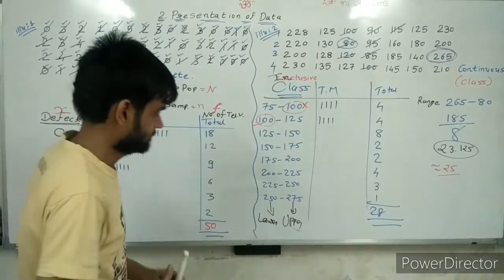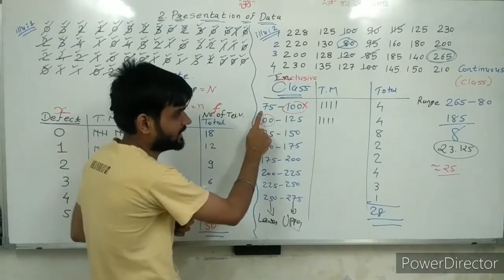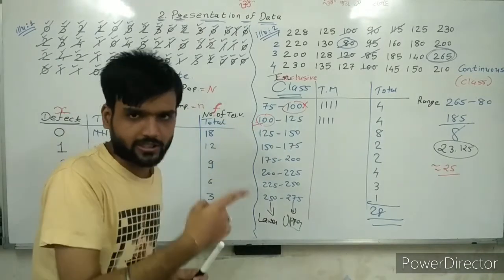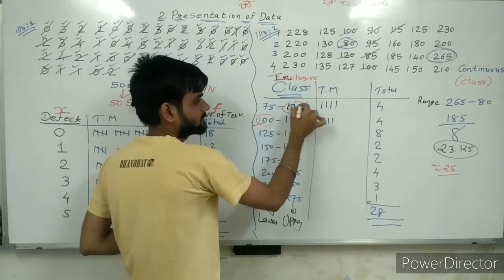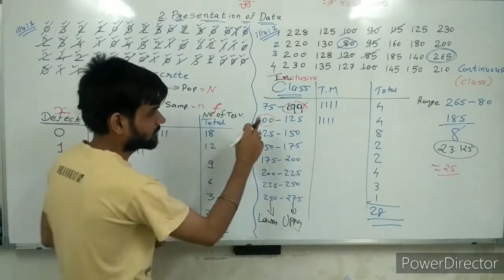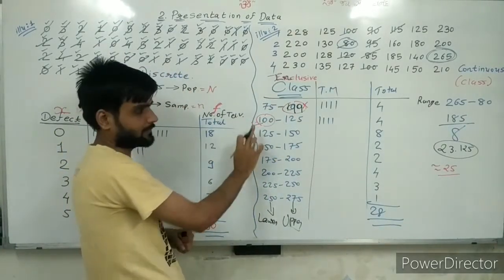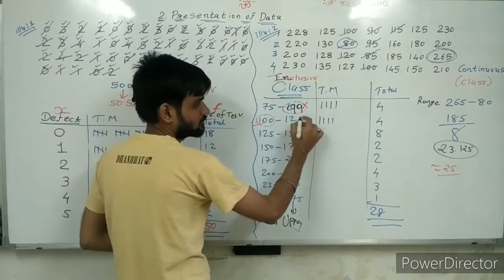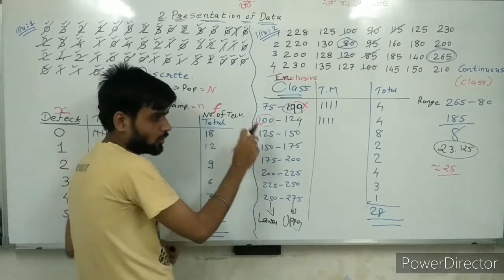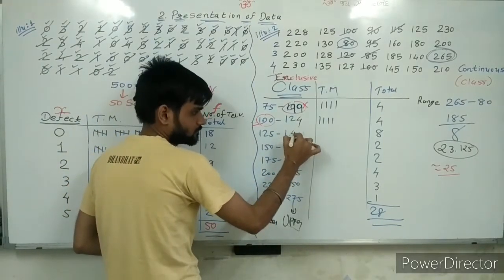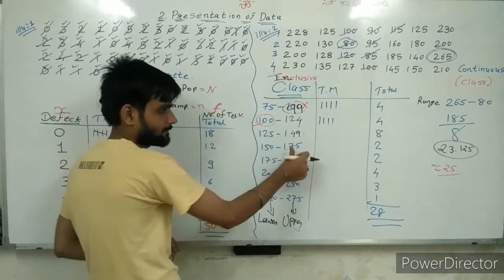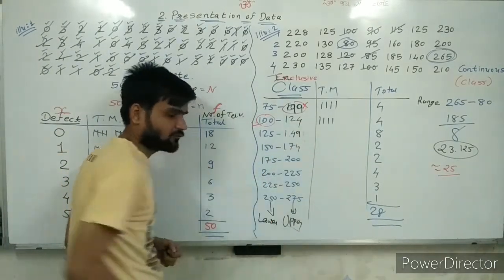So see, here 75 to 100 is taken. Instead of that, 100 is actually not taken here. So I am writing 75 to 99. Then 100, okay, 100 to 124. Then 125, 125 to 149. 150, okay, 150 to 174.